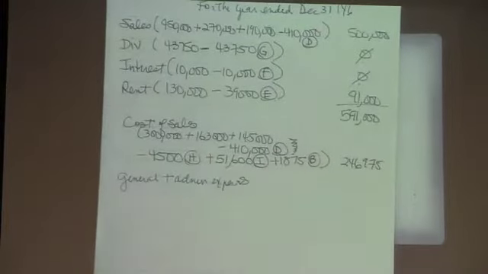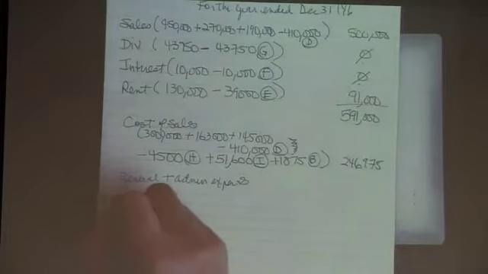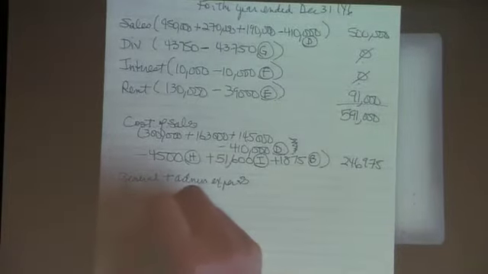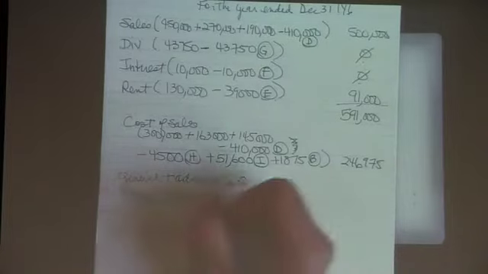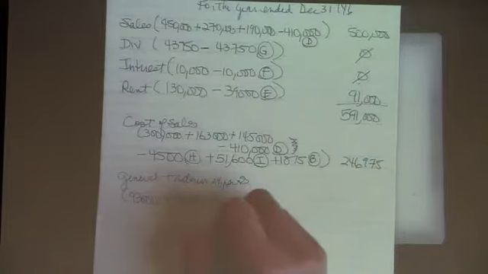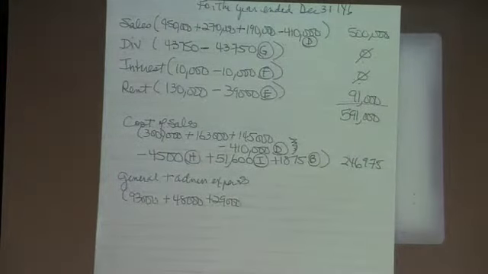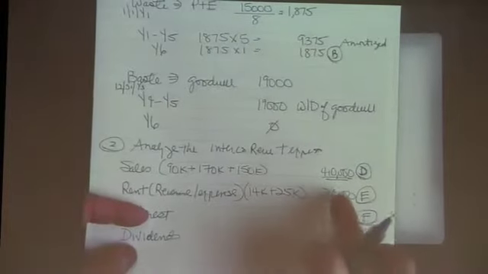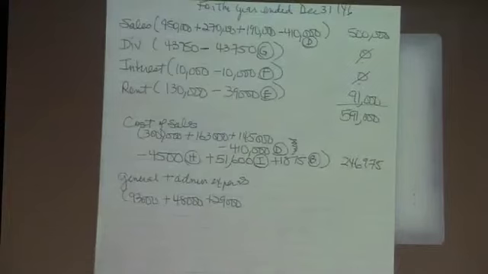Now what about general admin? The general admin expenses, first we have 93,000 plus 48. This would be the P, W, and B's. Now, what do I need to deduct? I need to take away the rent, wasn't it? That was the rent amount that we said we were going to take away.